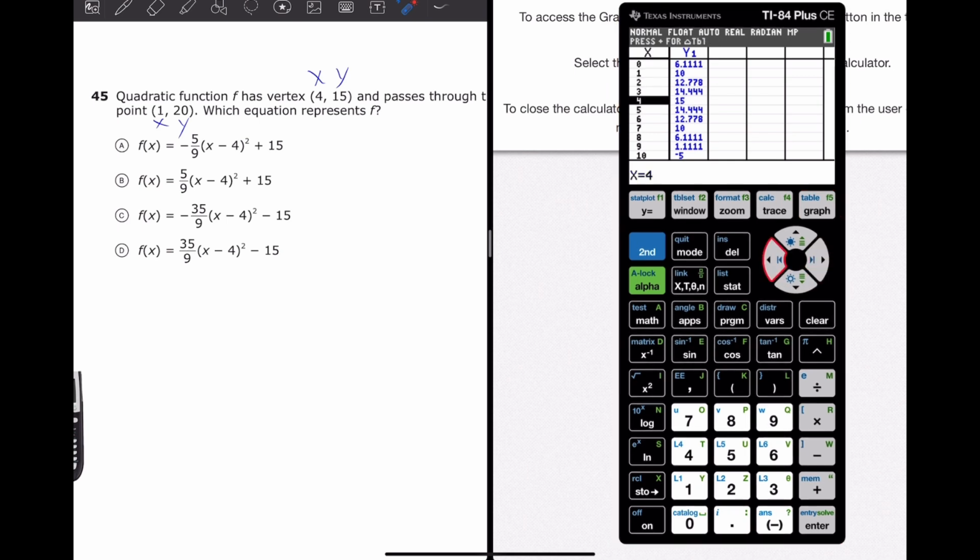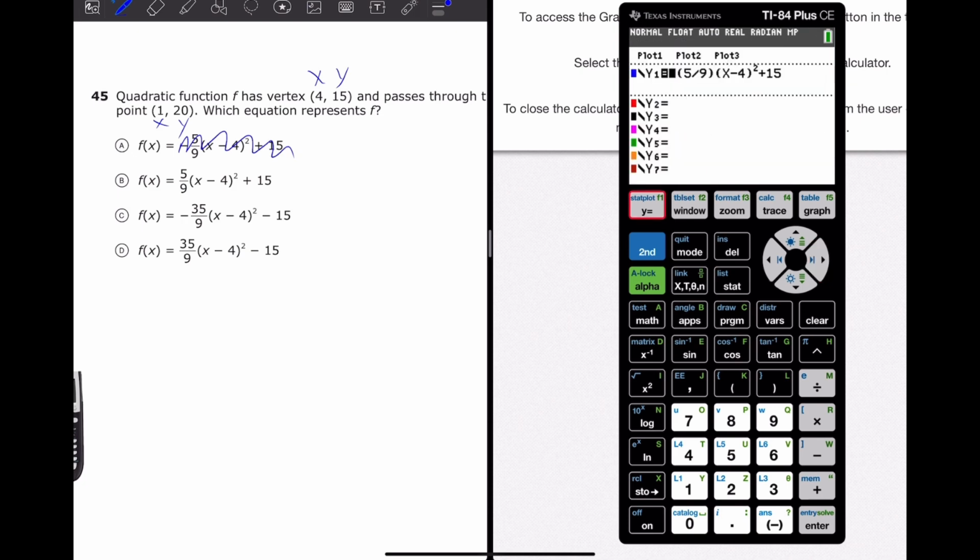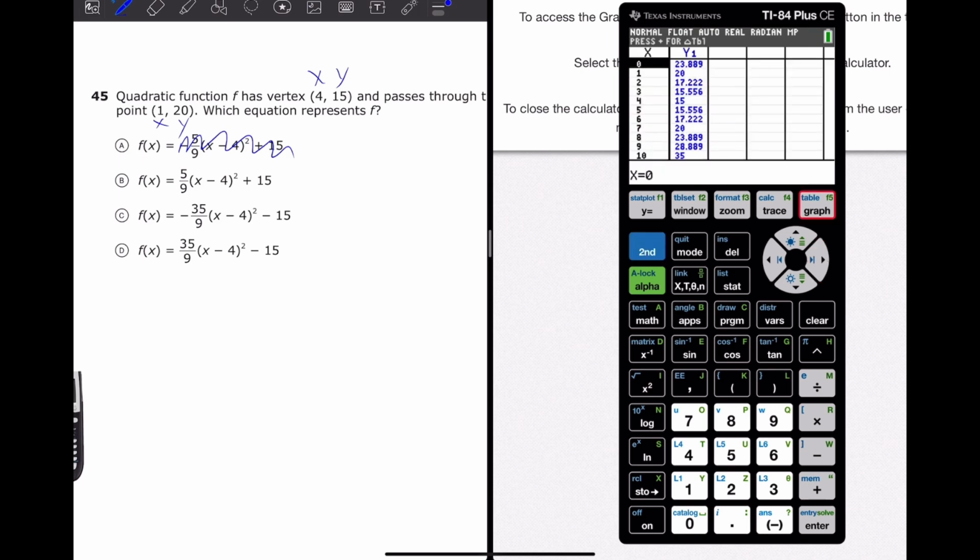Let's check 1 and 20. In the table we have 1 and 10, no match. Go on to the next one. Check 4 across from 15, yes. Looking for 1 and 20 now. Match.